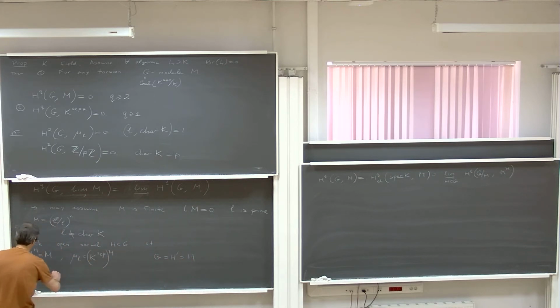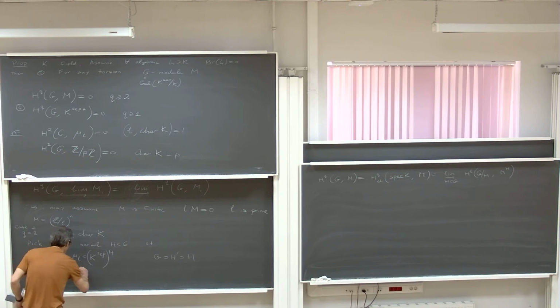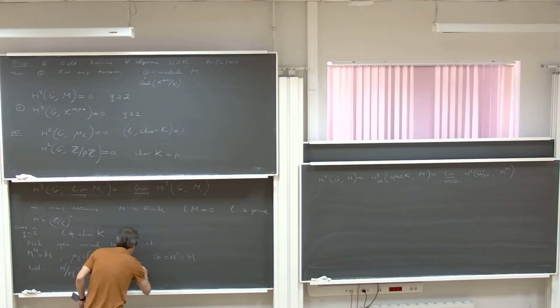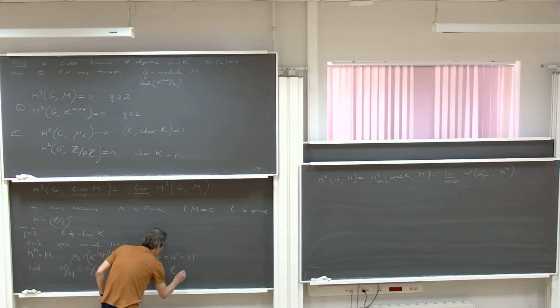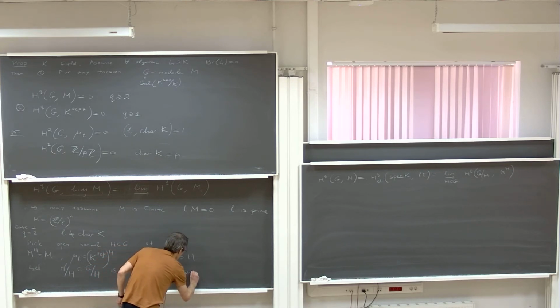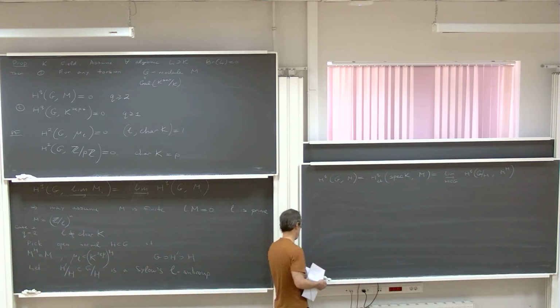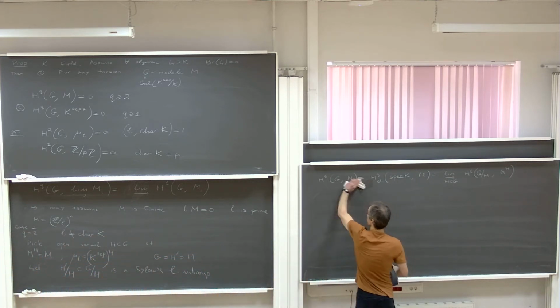I want to pick it in such a way that H prime modulo H, which is a subgroup in G mod H, is a Sylow L subgroup. Okay, and now I will explain how this method of trace works.